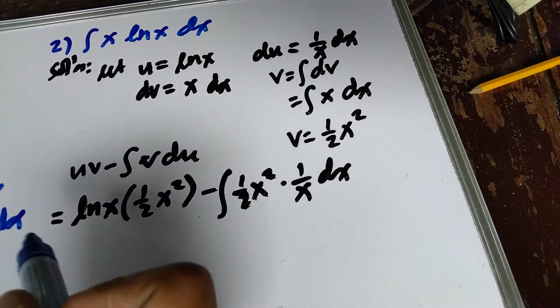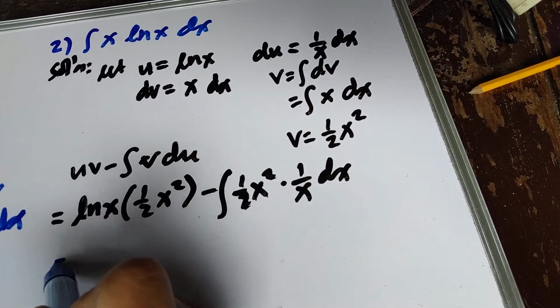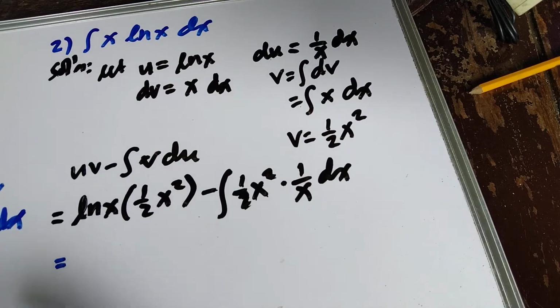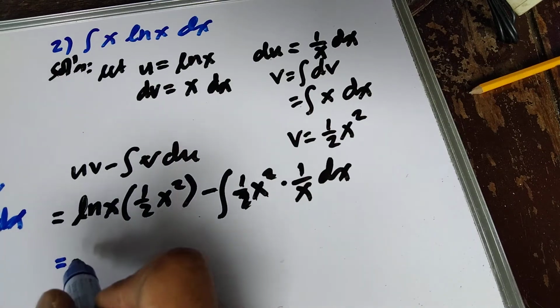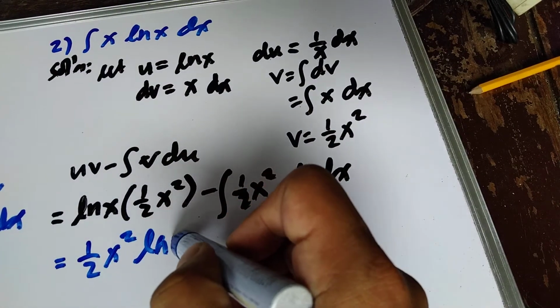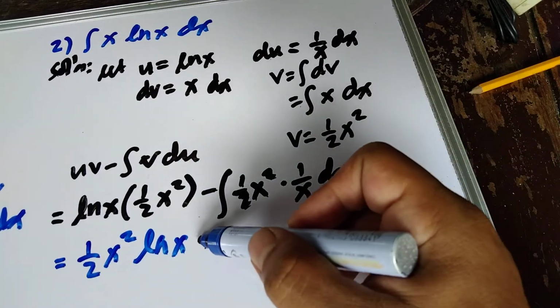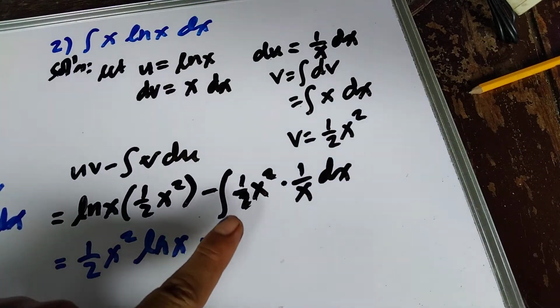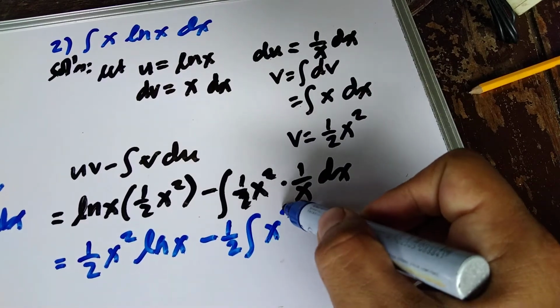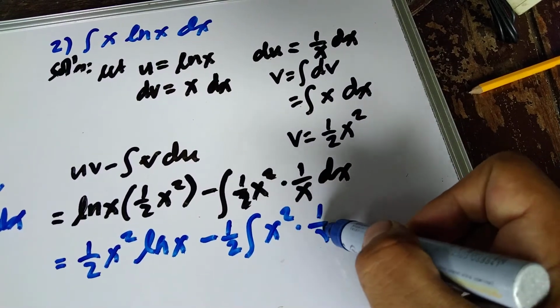So, simplify further, you have ln of x times 1/2 x squared. So, you have 1/2 x squared ln of x. Minus, there is a constant 1/2 which comes out, minus 1/2 the integral of x squared times 1 over x dx.